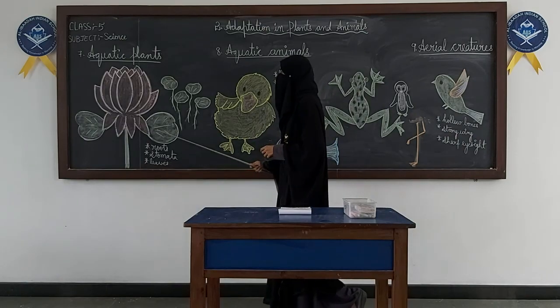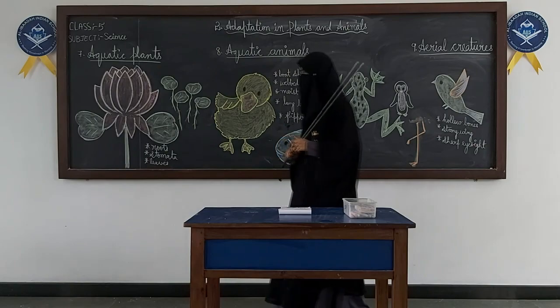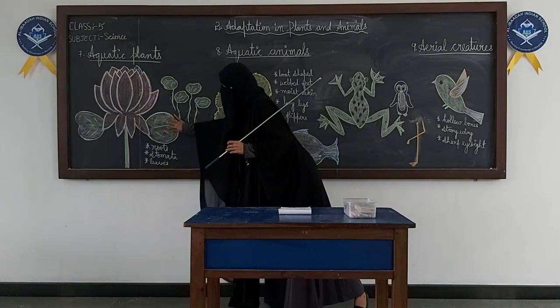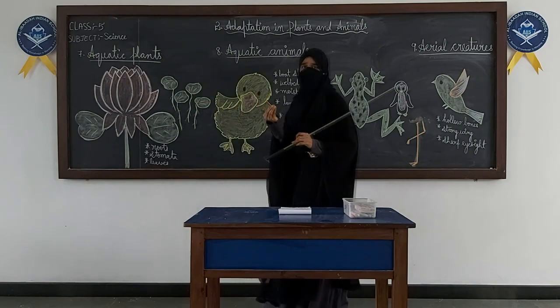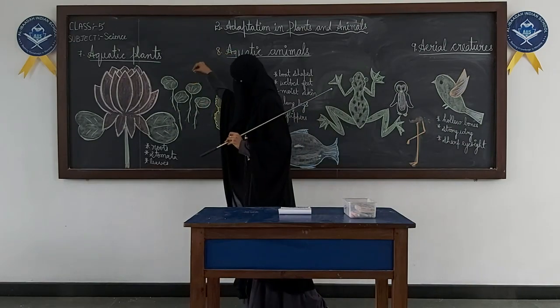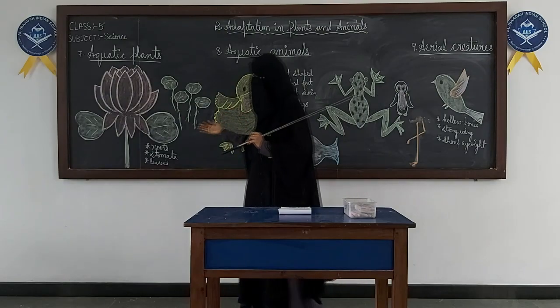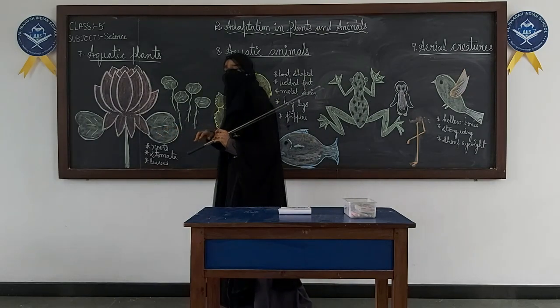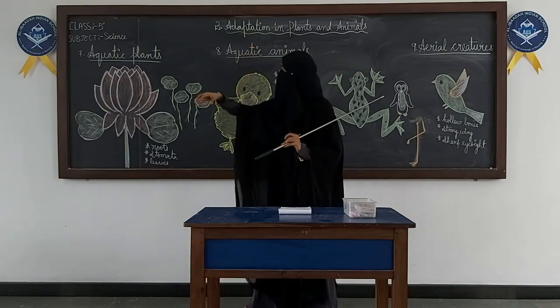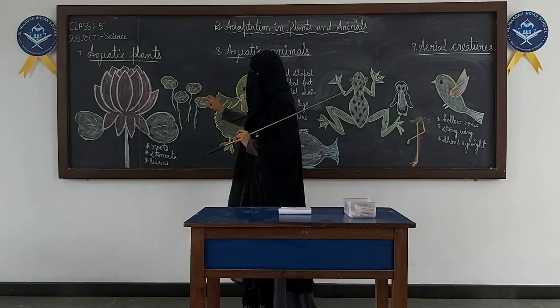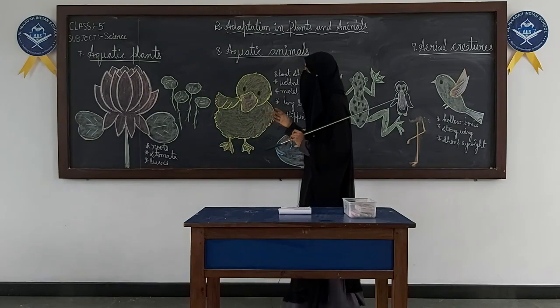And the leaves. The leaves of aquatic plants have a waxy surface, so that when water droplets fall on it, they slip away. Have you ever observed that when water falls on the leaves of an aquatic plant, it slips away?